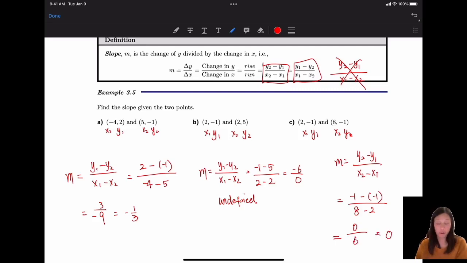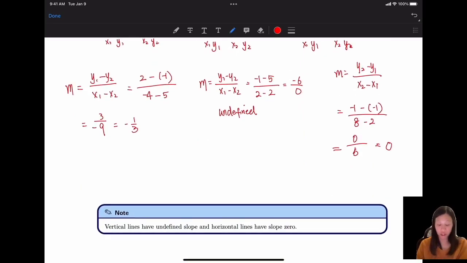So the slope of the third pair is what? 0. 0 divided by anything is equal to 0. So that means this is a horizontal line. So here's the recap: a vertical line has an undefined slope, and a horizontal line has a slope of 0.